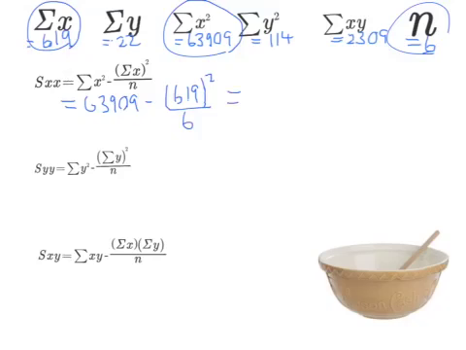If you put all of that into your calculator it will give you 293 divided by 6. Often you would give that as a decimal in the exam papers, but I'm just going to leave it as a fraction to begin with.